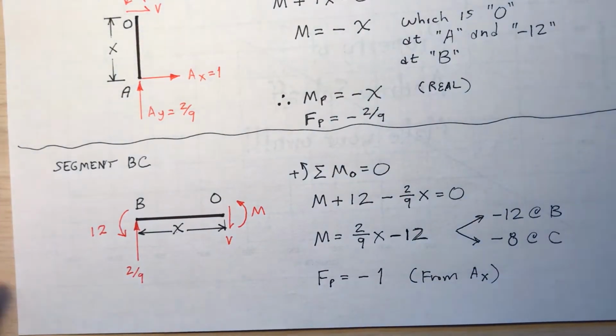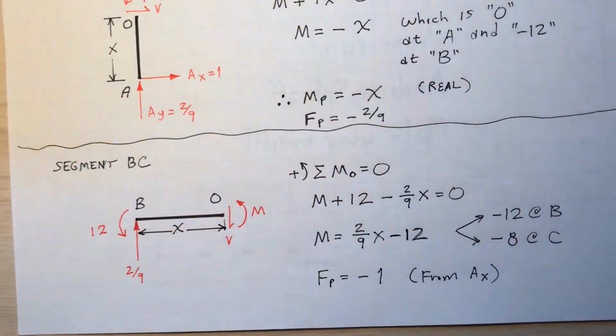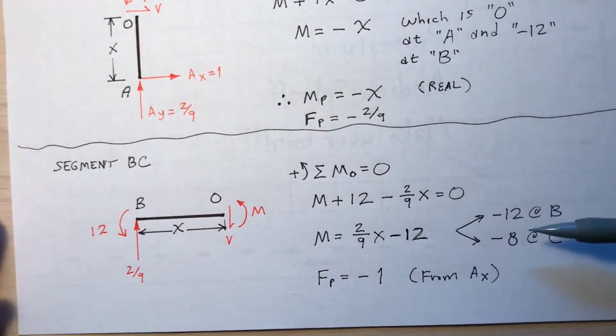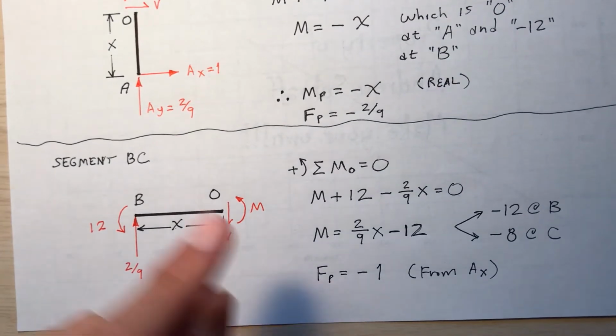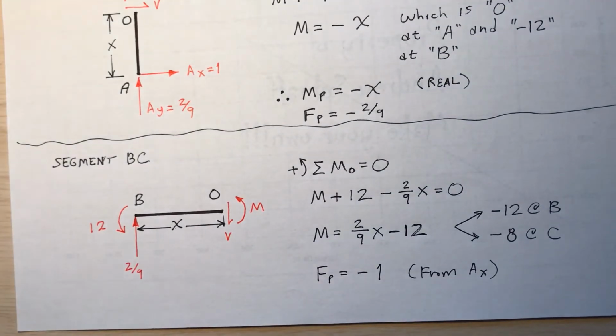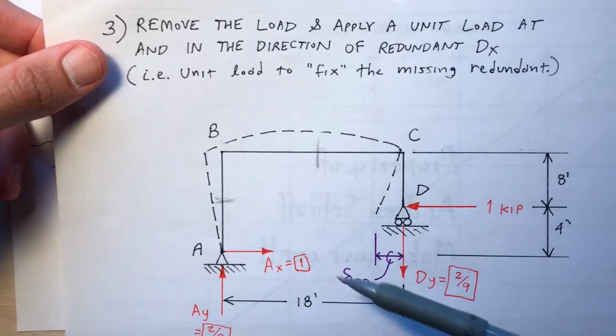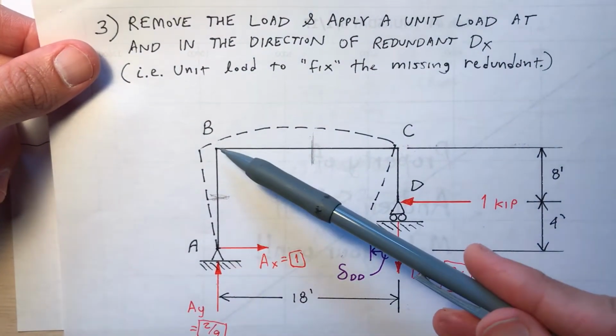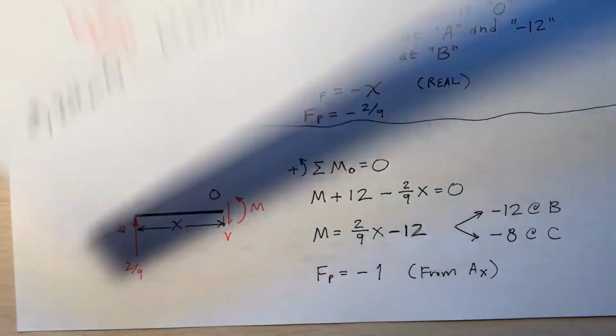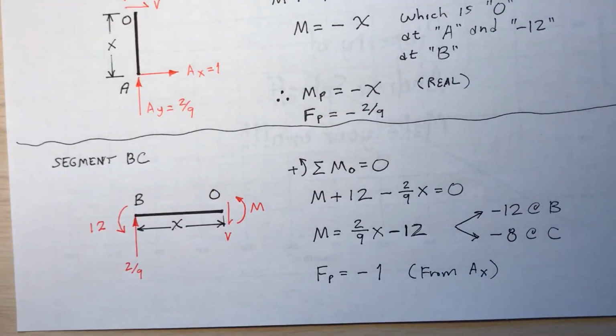So the bending moment at point C will be negative 8. Then the axial force in there will be negative 1 from the A sub x part. You see this A sub x down here, joint A. That will carry over and turn into an axial load in BC. So F sub P is negative 1.